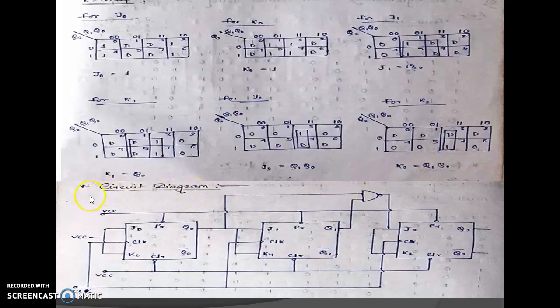Next is the circuit diagram. We have drawn the following circuit diagram using the above equations. Here we use 3 JK flip-flops, J0 K0, J1 K1, J2 K2, and we also use the 3 negative clock pulses.